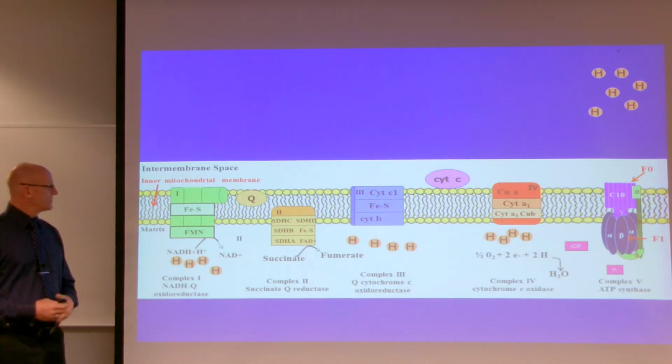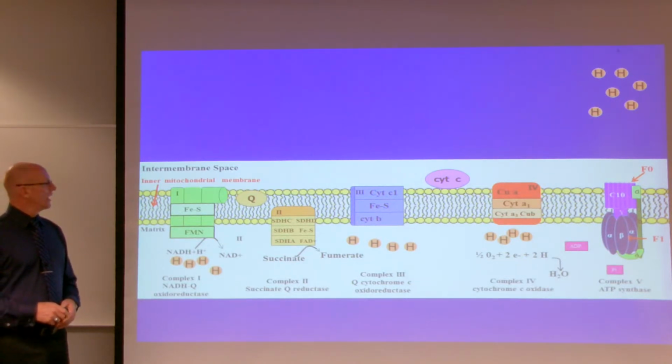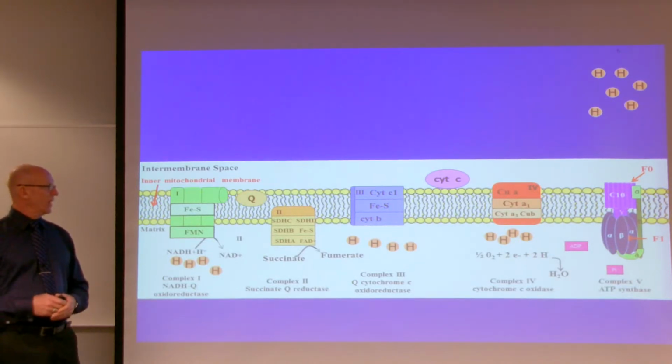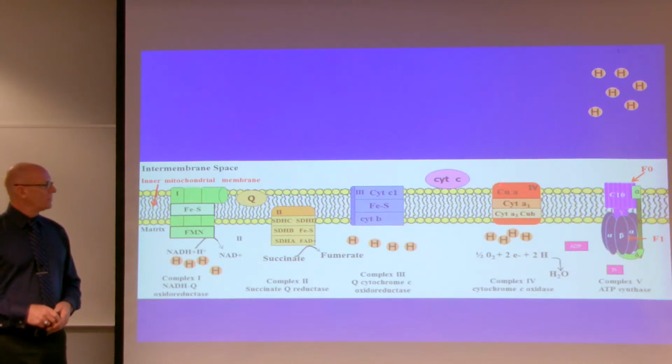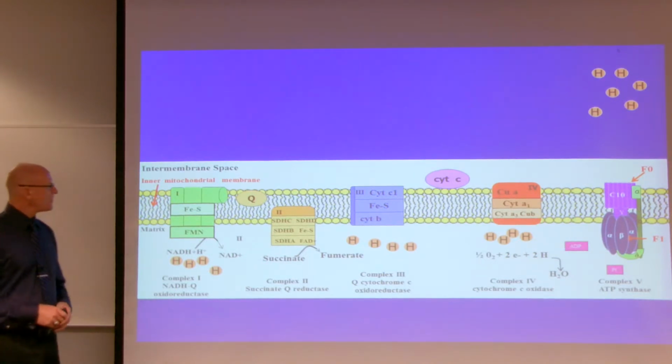Complex 2 is succinate Q reductase, also referred to as succinate dehydrogenase. Complex 3 is Q cytochrome C oxidoreductase, and sometimes you'll hear that referred to as cytochrome bc1 complex. Complex 4 is cytochrome C oxidase, and complex 5 is ATP synthase.